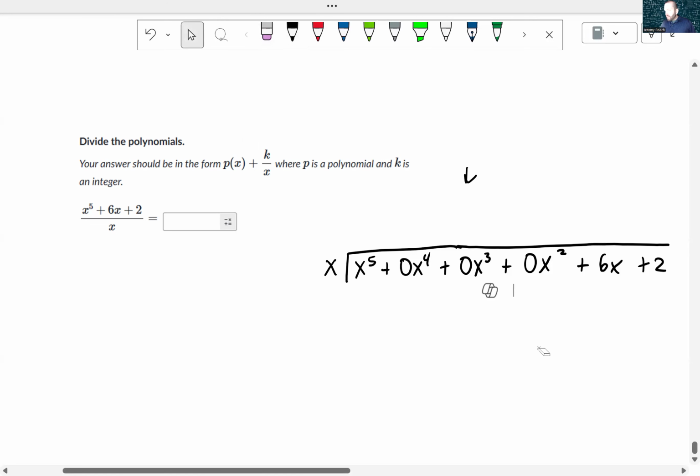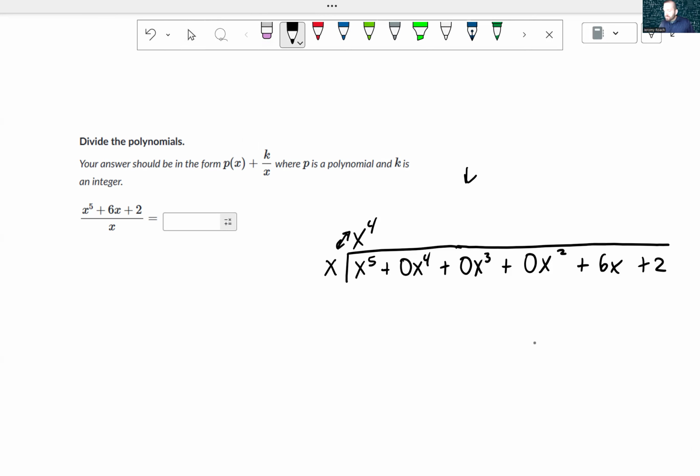So x to the fifth divided by x is x to the fourth. Then we multiply these two together, and we get x to the fourth times x is x to the fifth. We're going to subtract that, and we just get 0x to the fifth, and this is 0x to the fourth.